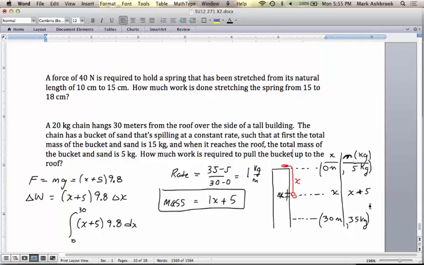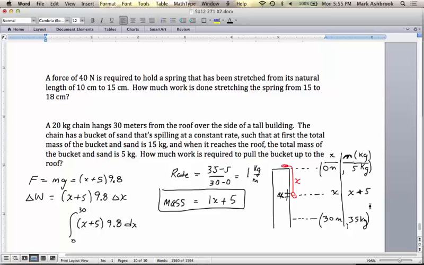So then you have the total force for it to hang at x meters would be x plus 5 times 9.8, m times g. And then you're going to add up all the little bits of work, which is your m times g times a little change in x, right?